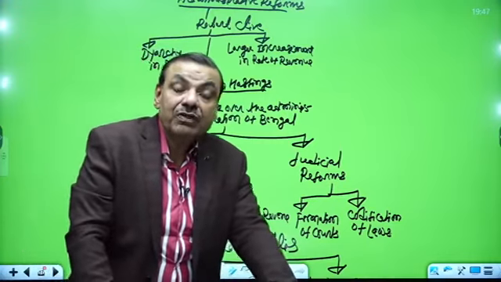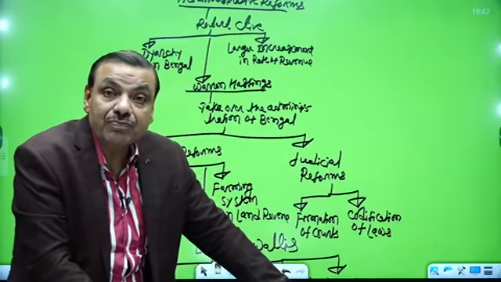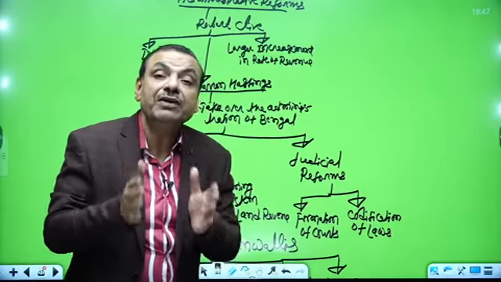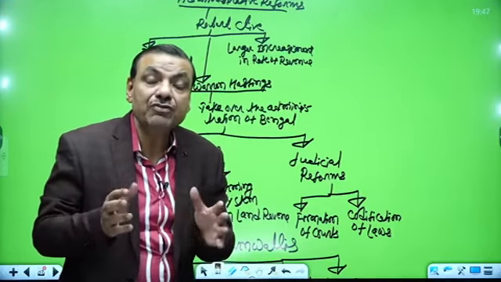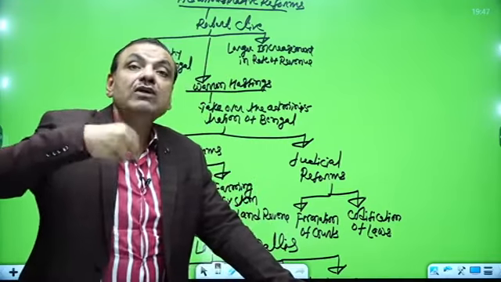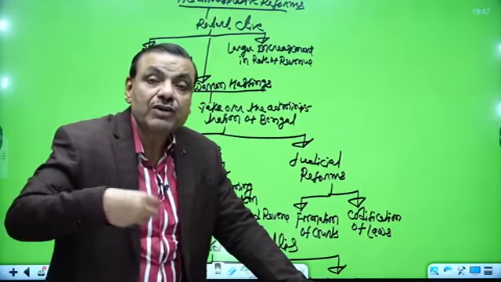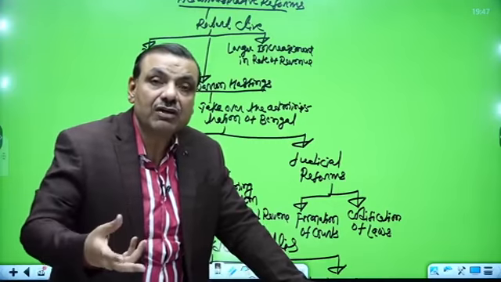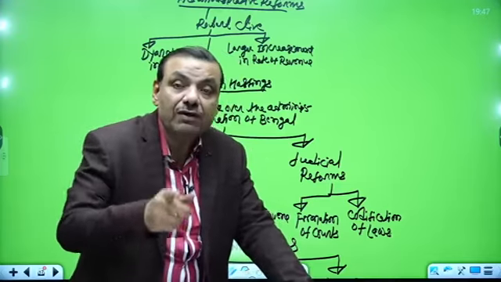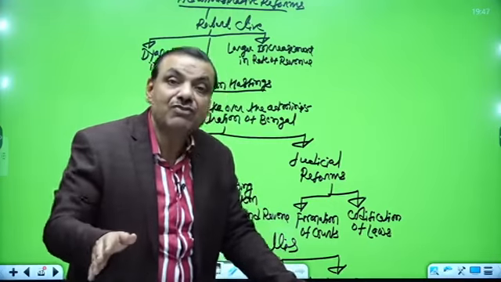As for the land revenue system, he introduced the farming system. What is the farming system? The collection right of the land revenue was given to the highest bidder. Highest bidder means the one who offers the highest amount. People were told to bid, and whoever offered the highest amount would be given the right of collection. So the right of collecting revenue was given to the highest bidder, and it led to the exploitation of the peasants.